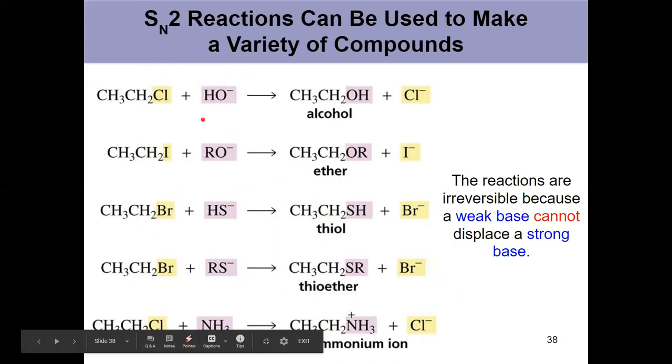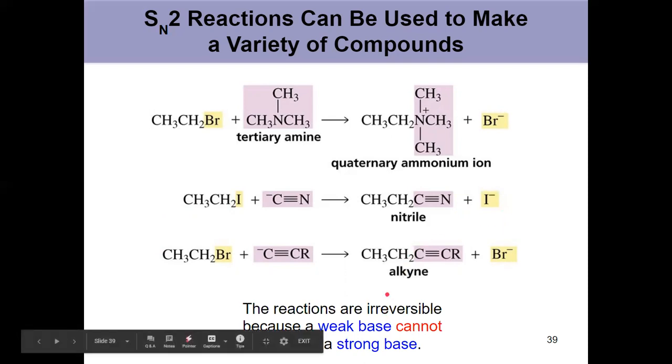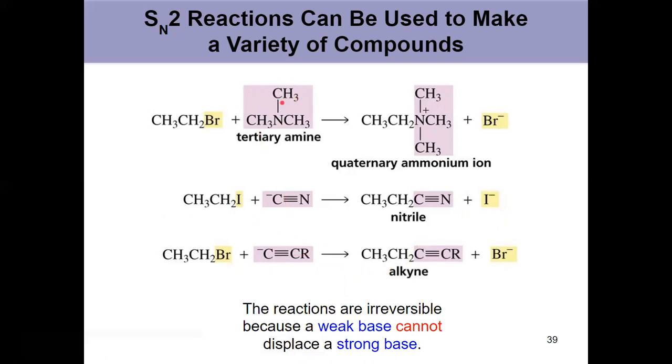But think about the basicity to determine the direction of a reaction. These reactions are all going forward, because a weak base can't. Look at the difference here, looking at your nucleophile, which can also be considered a base, and then the nucleophile or base that's produced.